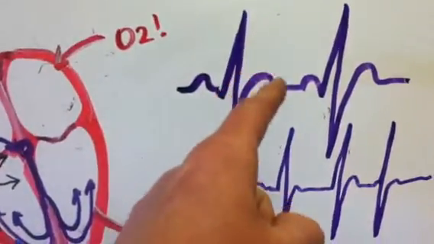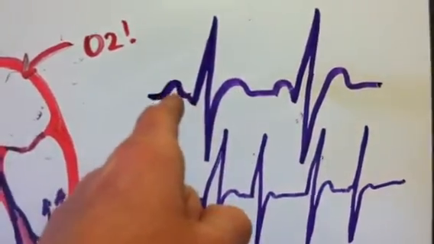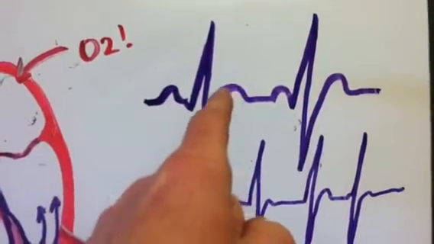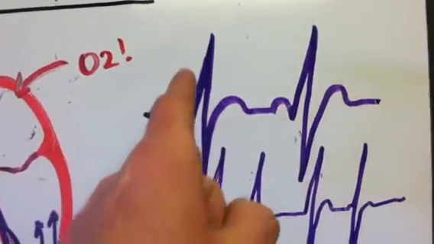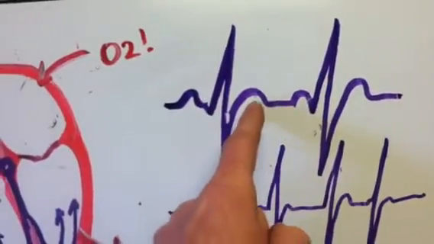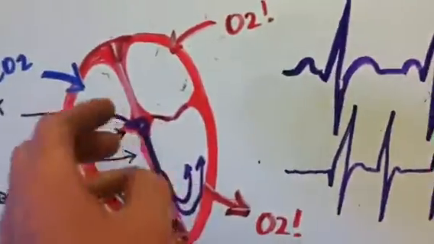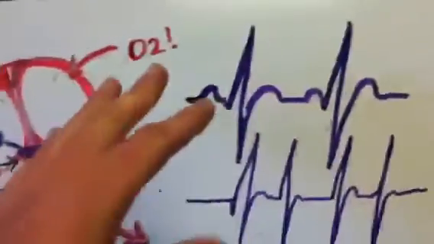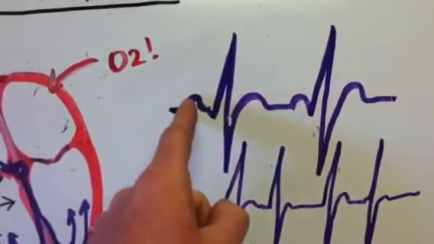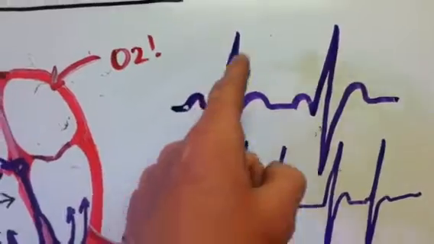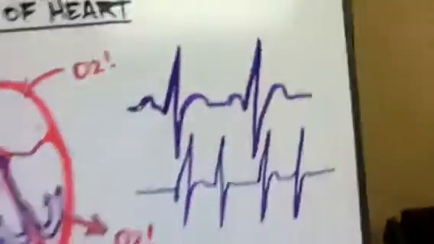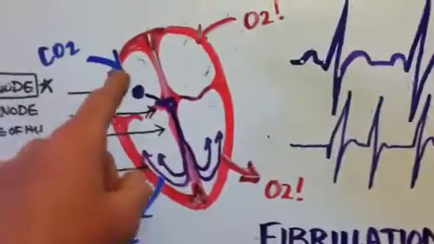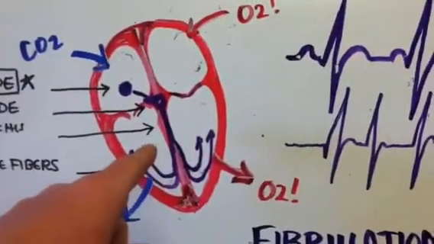And then there's a bump at the bottom called the T wave, sorry. So the T wave is actually the heart repolarizing. So P, Q, R, S, T. I'm over explaining it, it doesn't really matter. But that means that all of this is working correctly.